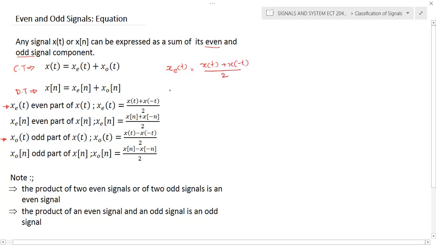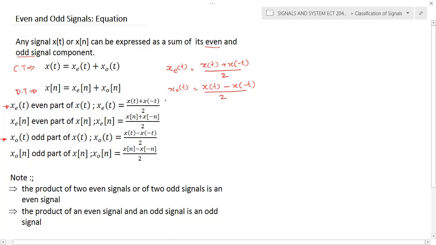Similarly, the odd component of a continuous time signal can be calculated by using this formula: x of t minus x of minus t, divided by 2. The same formula we can apply for a discrete time signal also. If you know the signal x of n, you can simply calculate its even component and odd component. Simply replace t with n, and you will get the discrete time formula.